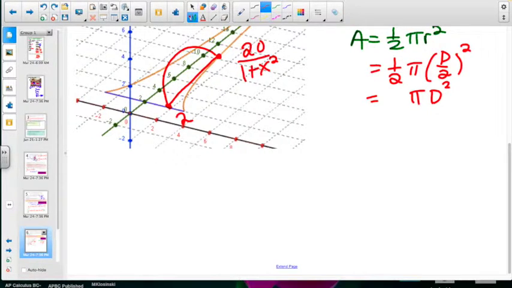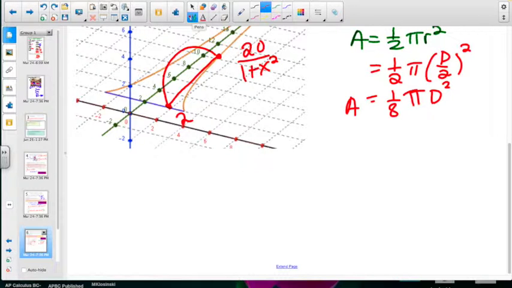Oh, 1/4. Right? A half times a half. But isn't that half squared? Oh, it's an eighth. Oh, wait a minute. 4th, 8th. Good catch.